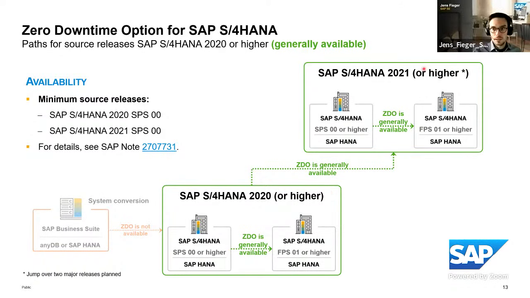For instance, 2021. As said, SAP plans very soon to release the successor of 2021, might be called 2022. That would then enhance the path in a way that this or higher holds true. So you can then do an upgrade from 2020 to 2022.